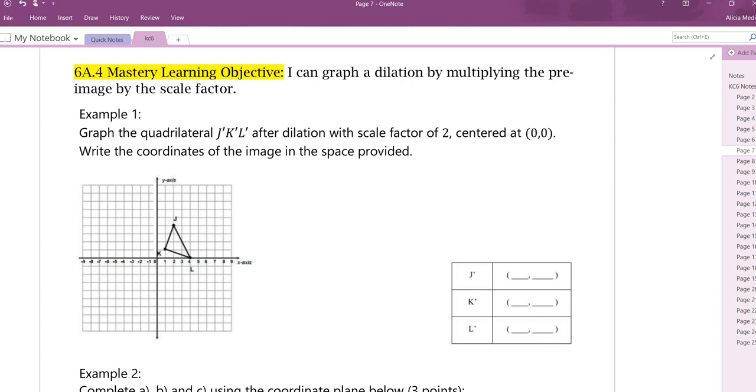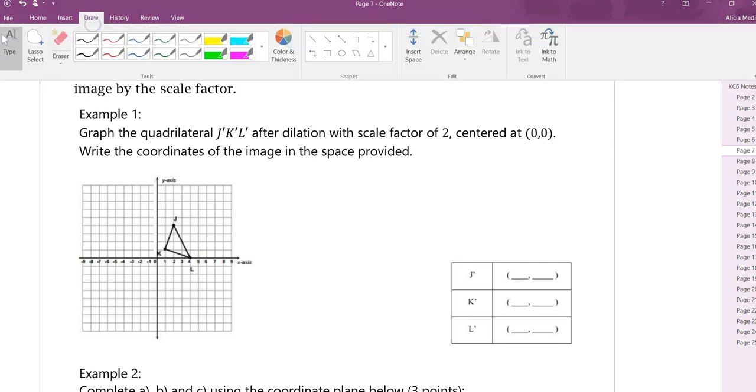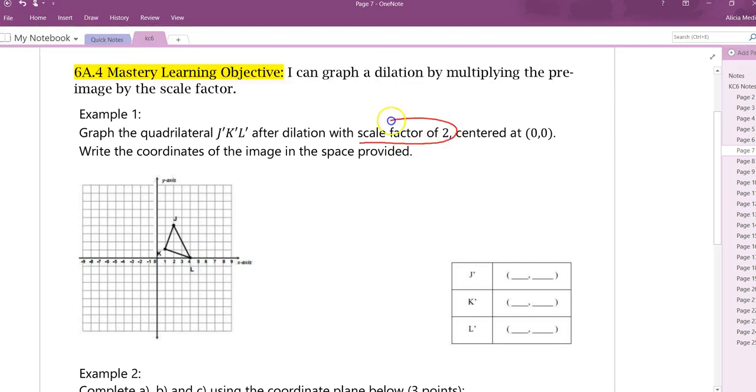This was our pre-image, and we want our image now, and it's already telling us that our scale factor is 2. Well, if we see that this is a scale factor of 2, one that's bigger than 1, right? So this is going to be an enlargement. So we know that our image here should get bigger.